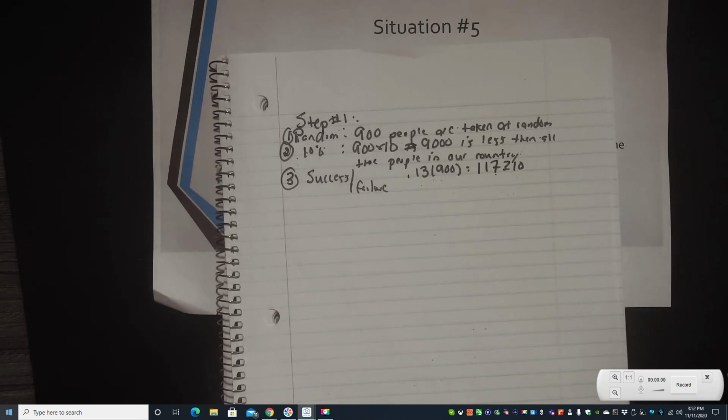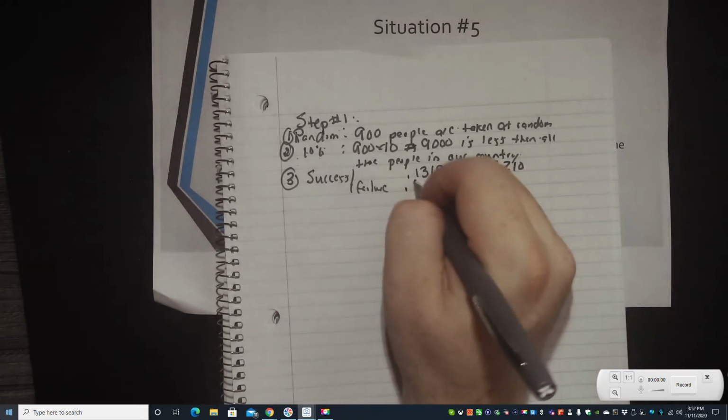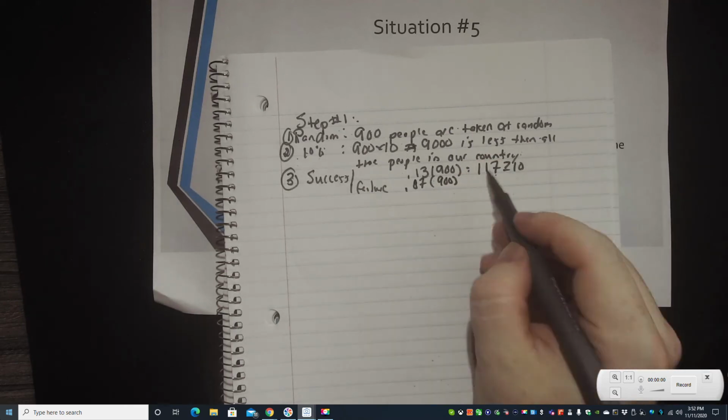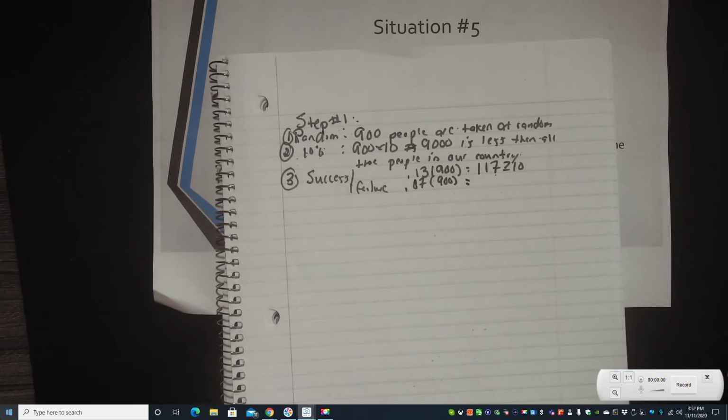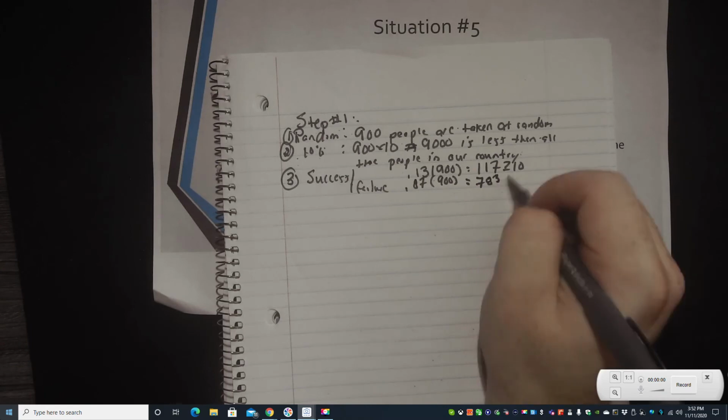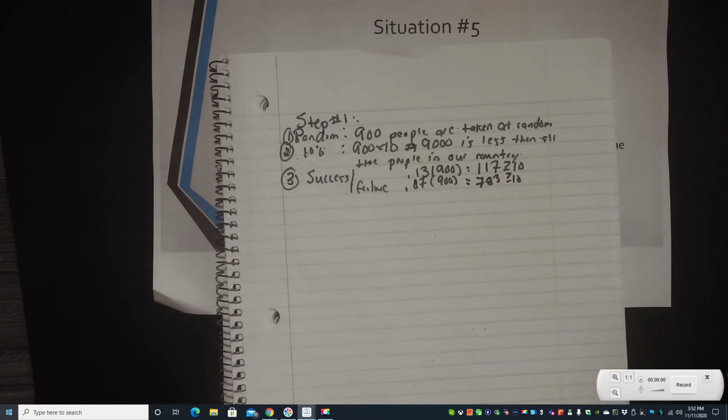And then we're going to do 0.87, which remember is once again 1 minus 0.13. So 0.87 times 900 is 783, which is greater than or equal to 10.